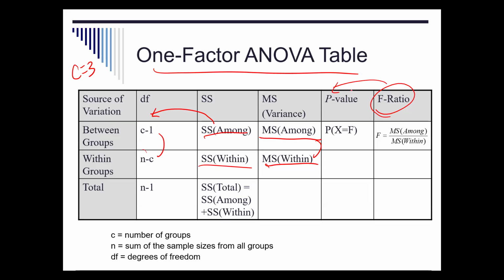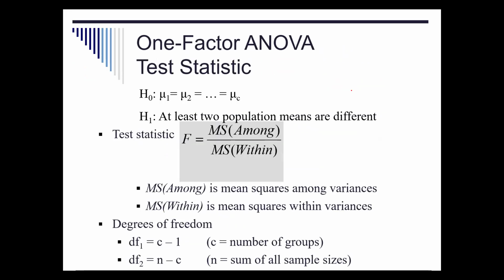We also see that in chapters 11 and 12. So here, the one-factor ANOVA test: H0, H1, the null and alternate hypotheses. Then we use an F value, which is the mean square among over the mean square within. MS among is the mean square variance among different categories.